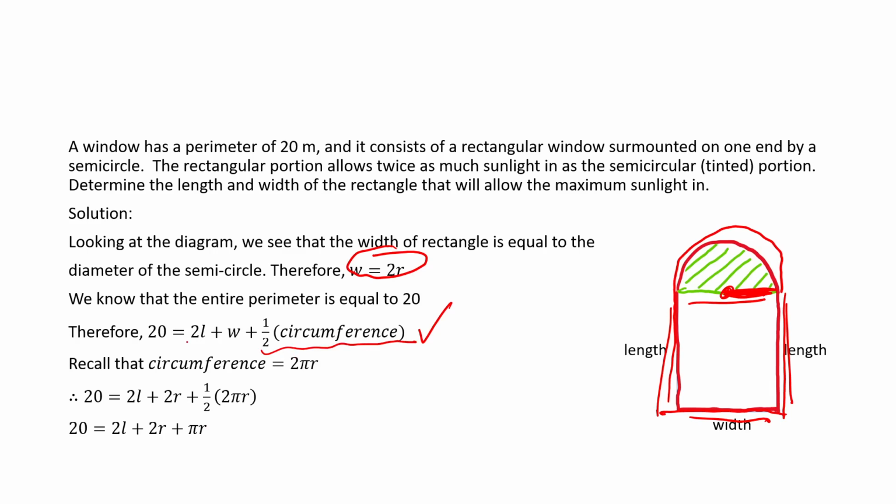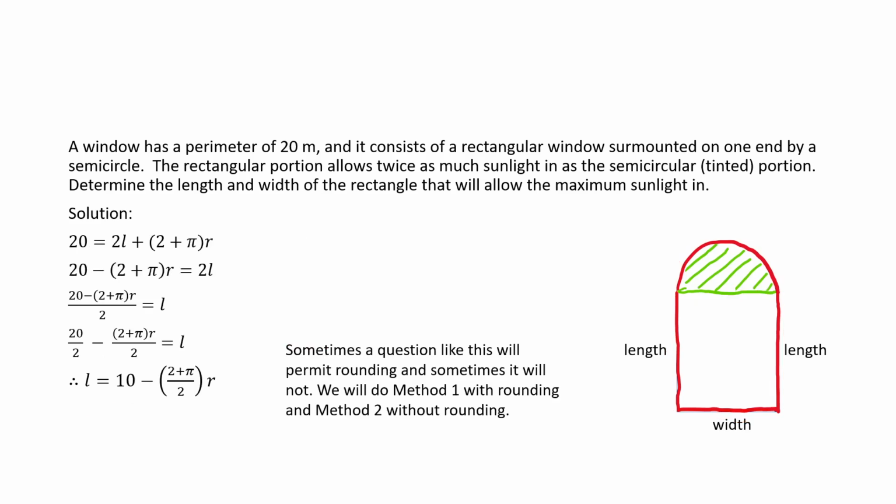So instead of saying 20 equals 2L plus W plus 1/2 of 2 pi r, we can ultimately say that's the same as 2L plus 2R plus pi r. So 20 is equal to 2L plus 2R plus pi r. And that's written down at the bottom of your page.